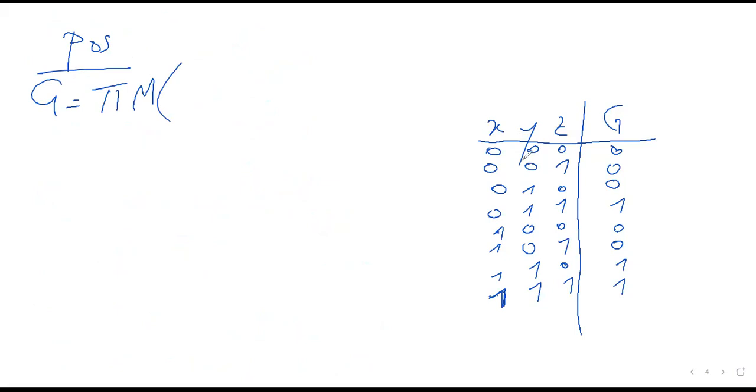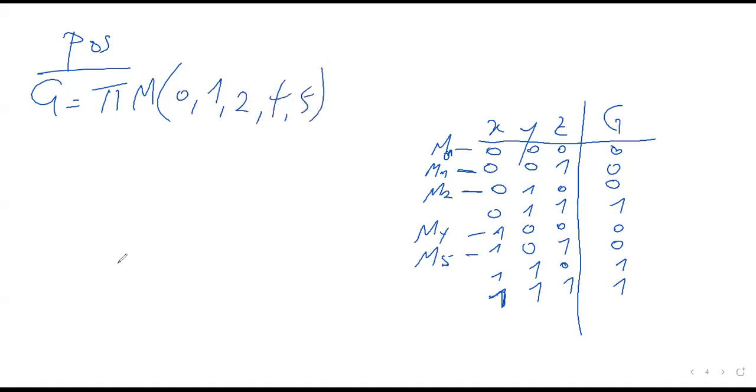Where the output is 0: M0, M1, M2, M3, M4, M5. These give us the output 0. So we have 0, 1, 2, 4, 5.